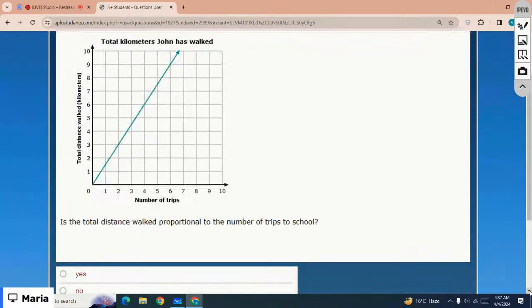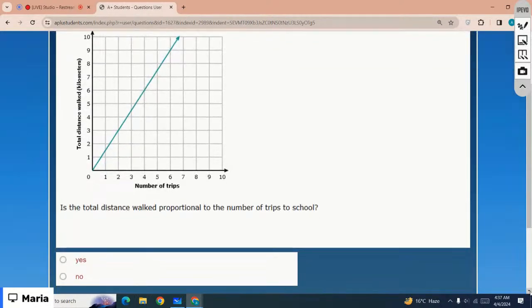Look at this graph. Is the total distance walked proportional to the number of trips to school?